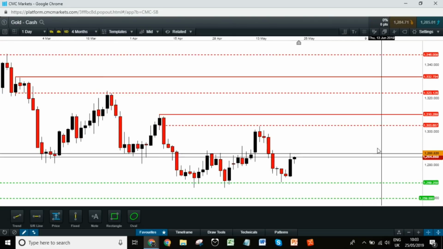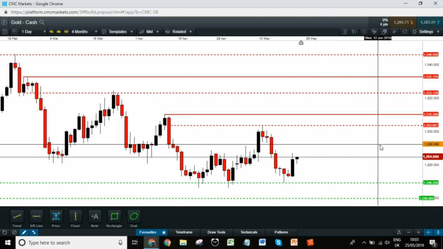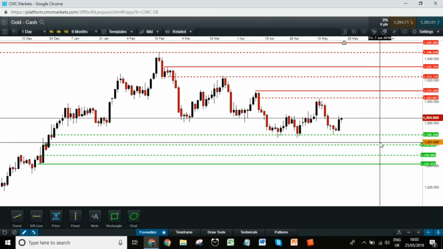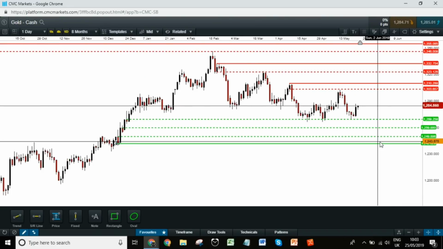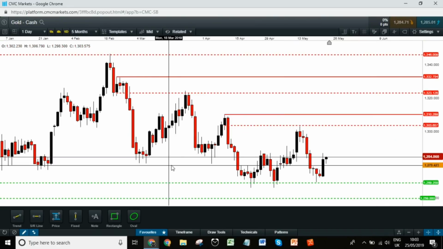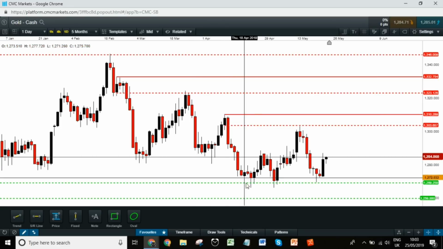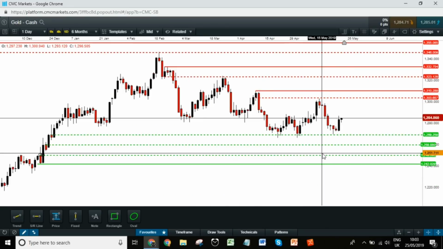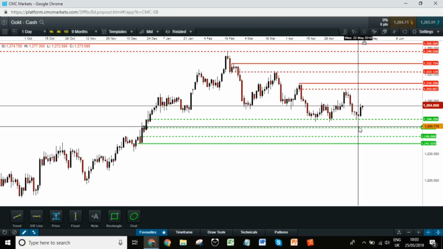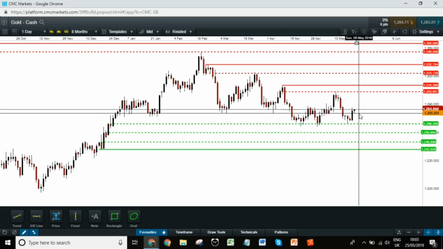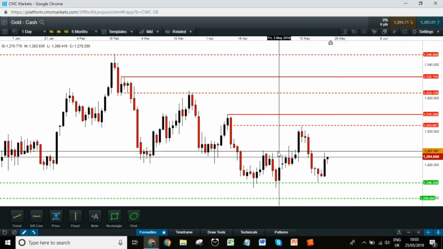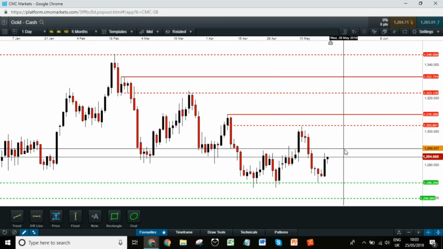Okay, so now we kind of have an idea of where we are at. So what have we got? We've got lower lows coming up here, lower highs, and so forth. So at the moment, we don't know what's going to happen, right? We don't know, and we don't have an assumption. We wait for our zones to be hit.